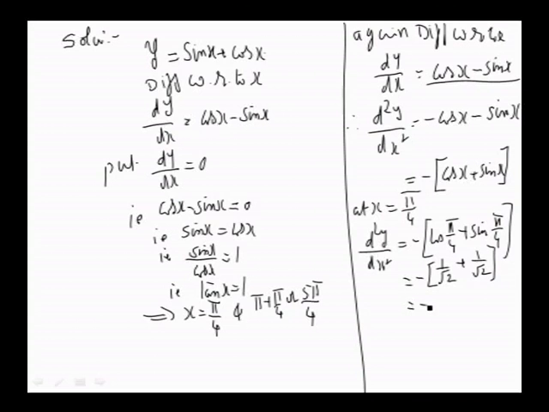So this is equal to minus 2 by root 2, so this is equal to minus root 2. So this is less than 0, or negative. At x is equal to pi by 4, the function is maximum. The function is maximum.